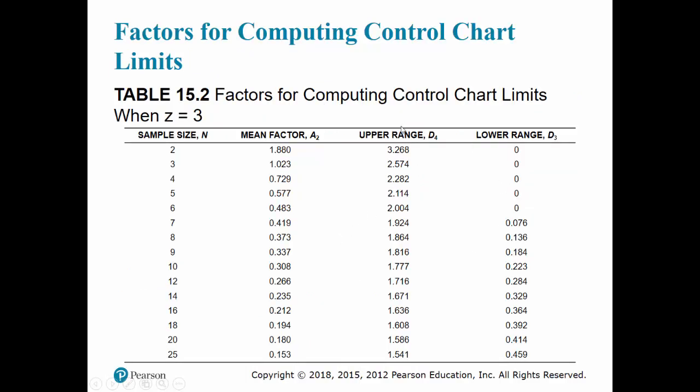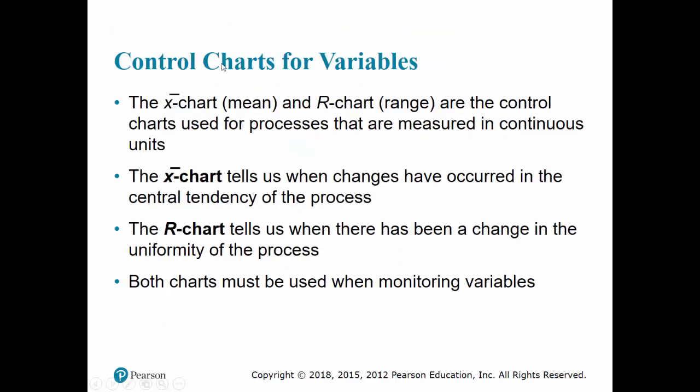This table also gives you two more factors, D sub 3 and D sub 4, which are used to develop the lower and upper control limits for the chart for R. Remember, we have two control charts that go as a pair for variables: the x bar chart and the R chart.